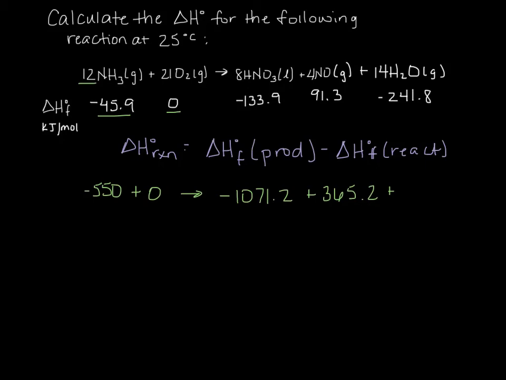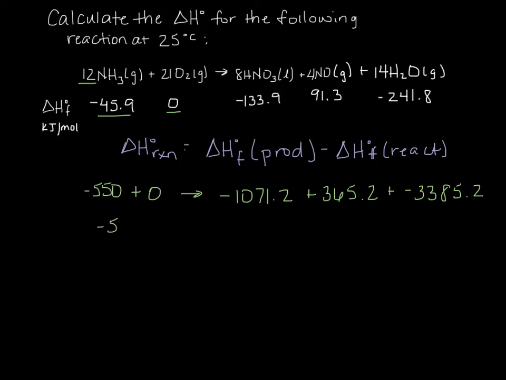And then for my H2O, for my water, I have negative 241.8 times 14, because I actually have 14 moles of water. So negative 241.8 times 14 equals negative 3,385.2.